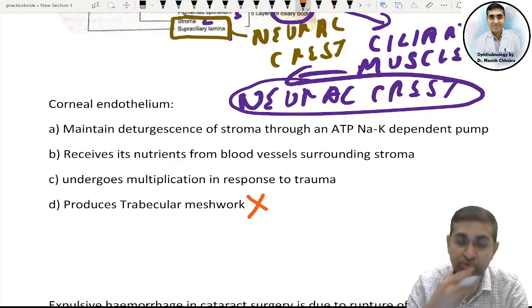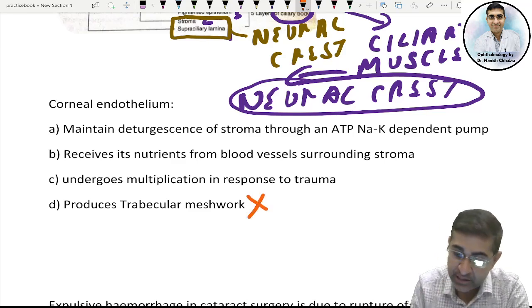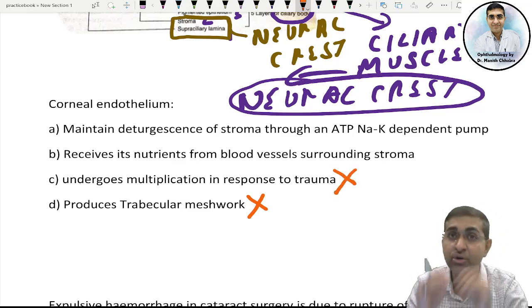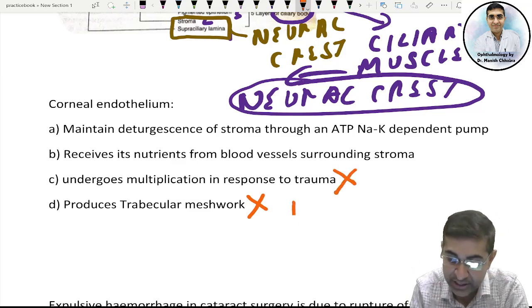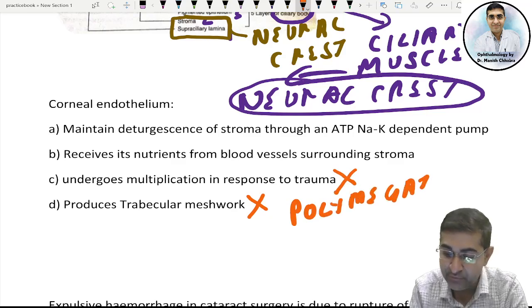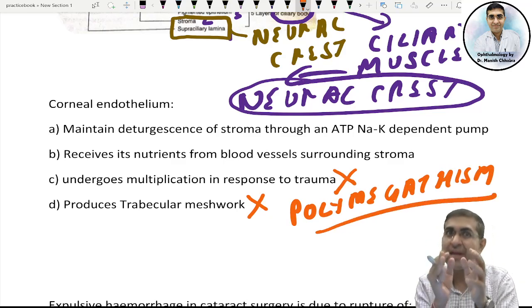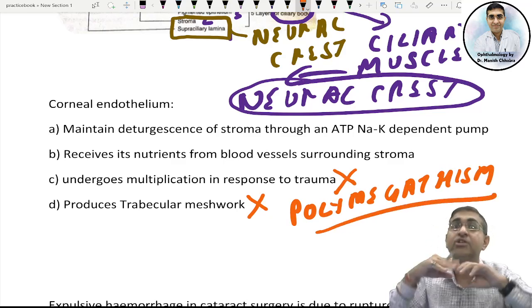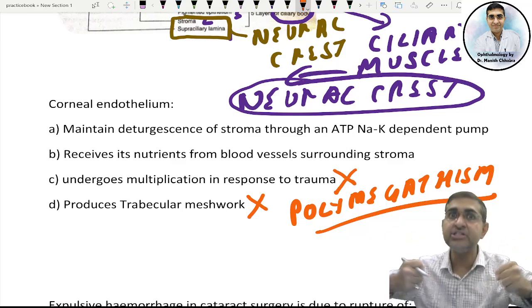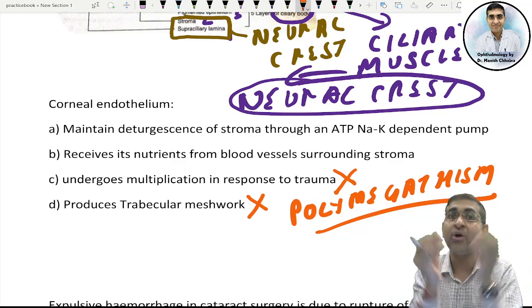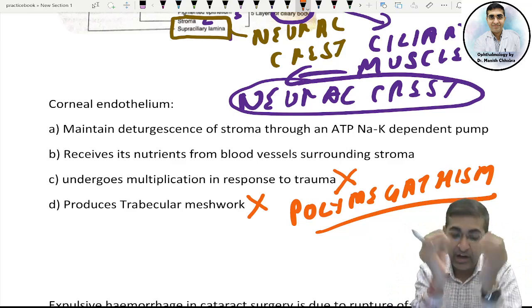No, it does not produce trabecular meshwork. It does not undergo multiplication. Corneal endothelium cannot regenerate. In fact, it undergoes polymegathism. What is polymegathism? Polymegathism is a phenomenon in which when an endothelium cell dies, the surrounding cells increase in size to take up the place of the dead endothelium.